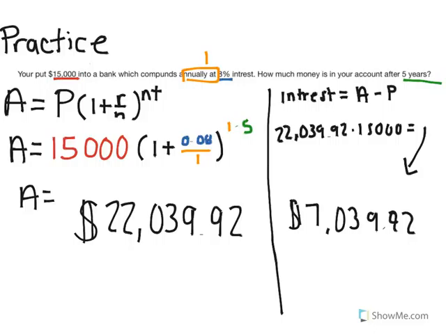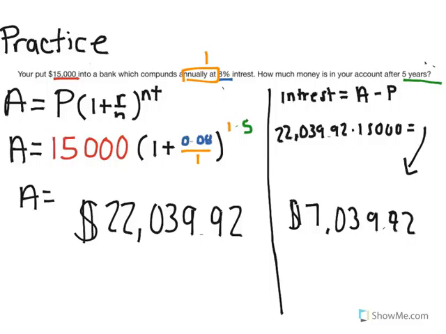Okay, so here's what I got. I wrote down my compound interest equation, and I plugged in what I know: $15,000 as my initial amount with 8% interest, and it's compounded annually, so that means it's only a 1 for the N term, and then it's after 5 years, so I put a 5 where the T term goes. And after plugging that all into my calculator, I got $22,039.92.